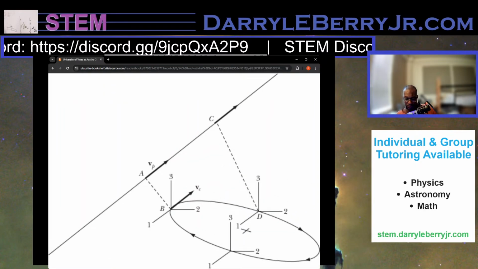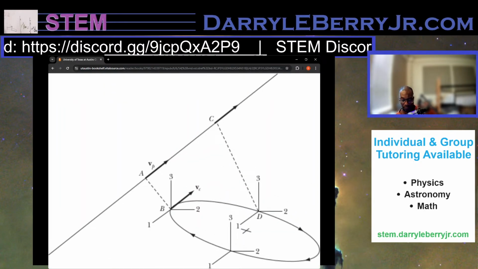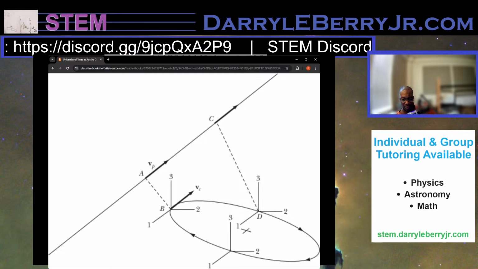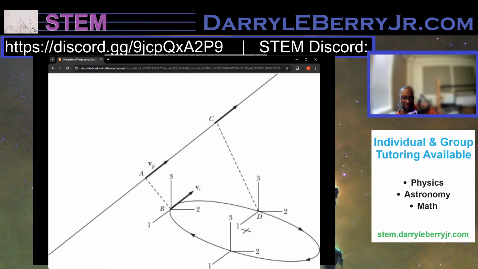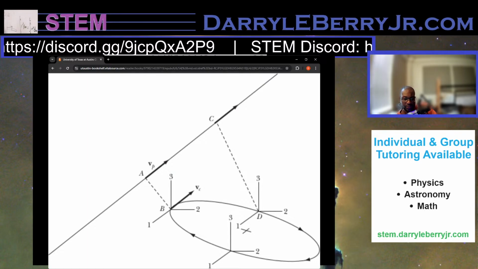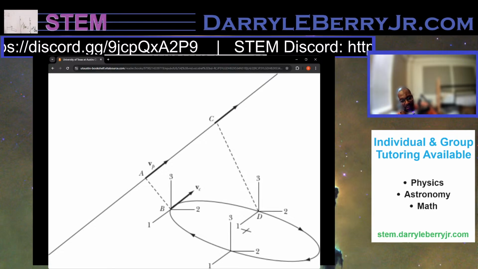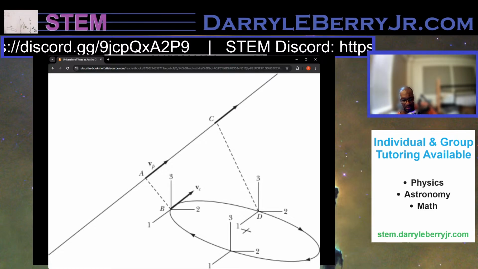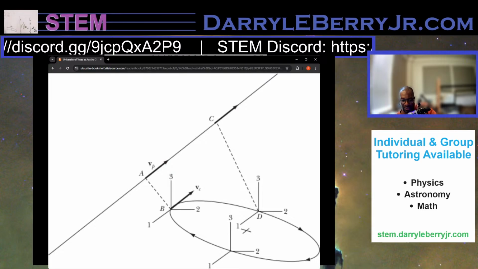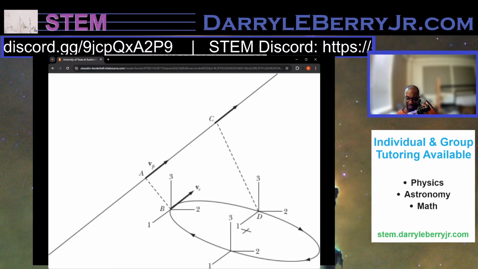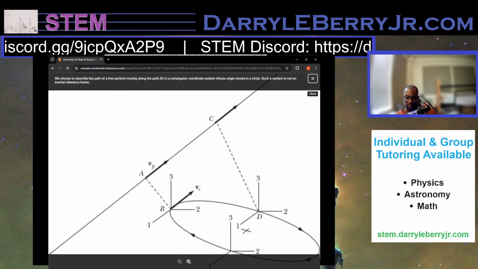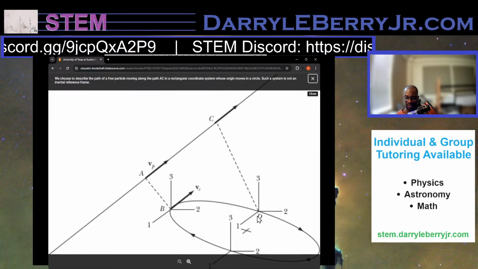Right? So at A and B, the particle and the person observing it are moving in the same direction at the same velocity. Therefore, the particle will appear to be at rest. When the person is moving in the opposite direction, the particle will appear to be accelerating.